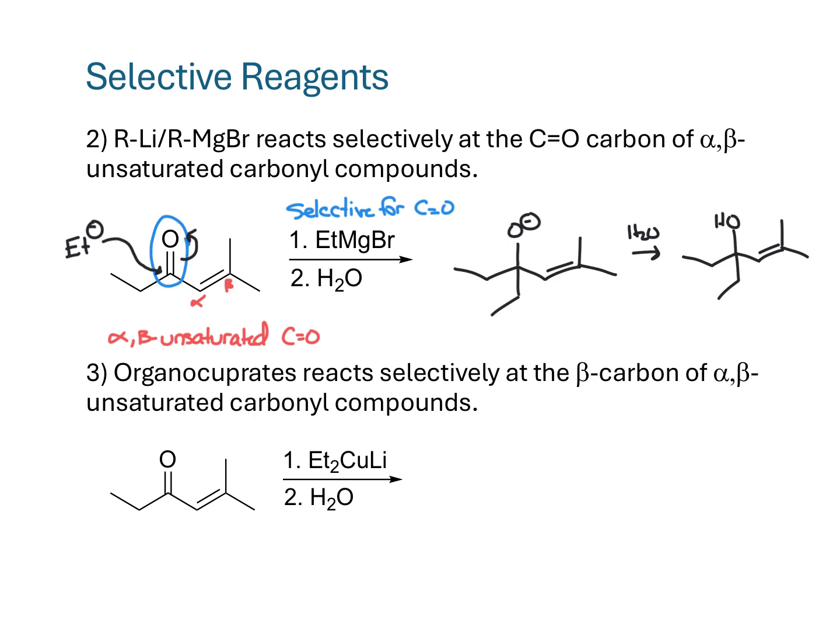Now, we have the same substrate below, another alpha-beta unsaturated carbonyl, but a different reagent, the organocuprate, that's going to be selective for reaction at the beta carbon of the alpha-beta unsaturated carbonyl.